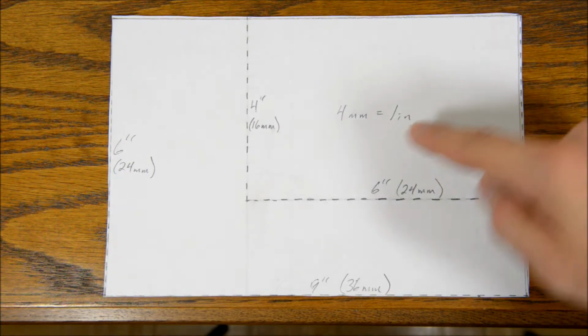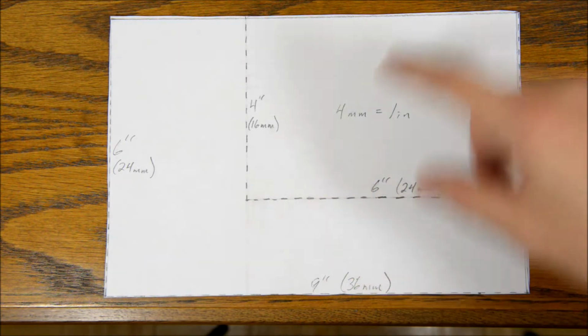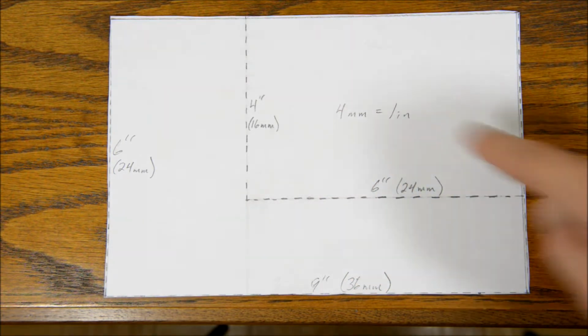And on that scale where 4mm equals 1 inch, APS-c would be 4 inches by 6 inches. Now when I've drawn them this way, it's not apparent that full frame is actually 2 1/4 times the area.